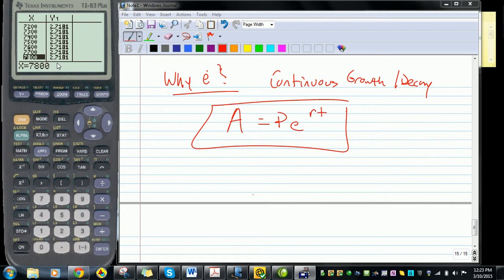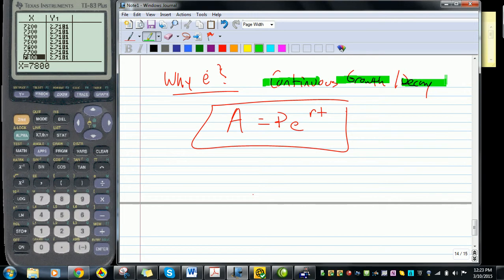So what's the big deal? Why E? Well, the first place in which we see E quite a bit is with continuous growth or decay models, right? And what it means to continuously grow or decay exponentially is not monthly, not daily, not even every hour, but at every moment. At every moment, something is either decaying, shrinking, or growing, increasing exponentially.